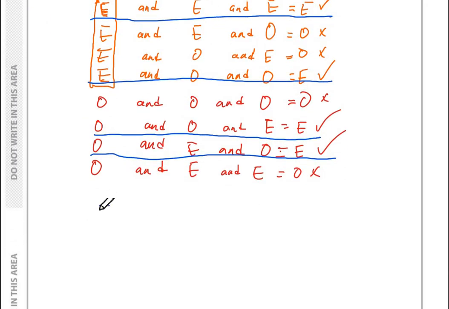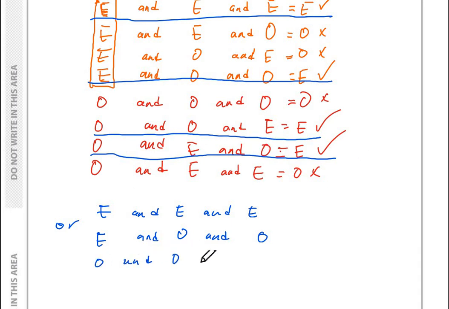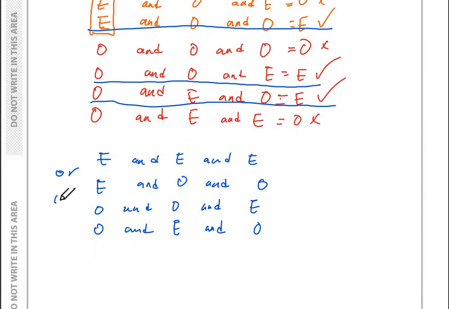I can have an even, even and even, or I could have an even, odd and odd, or I can have an odd, even and odd, or an odd, odd and even. So these are now my four possibilities here.